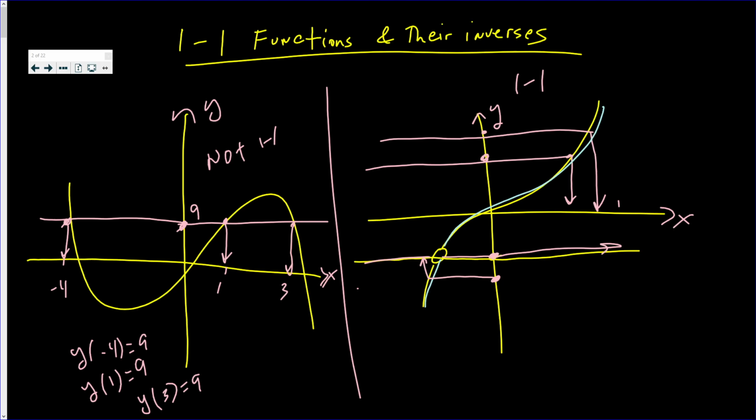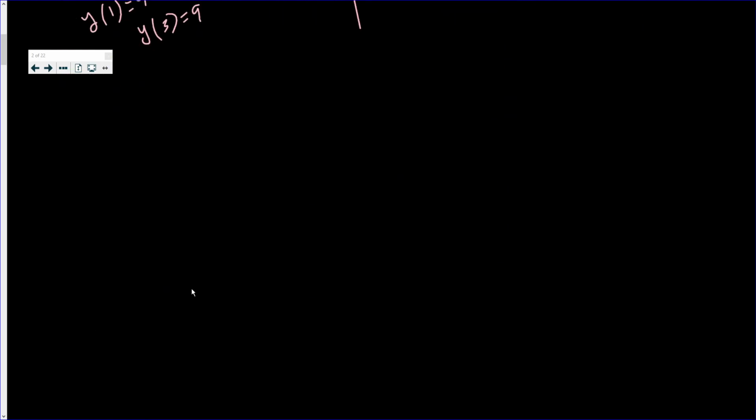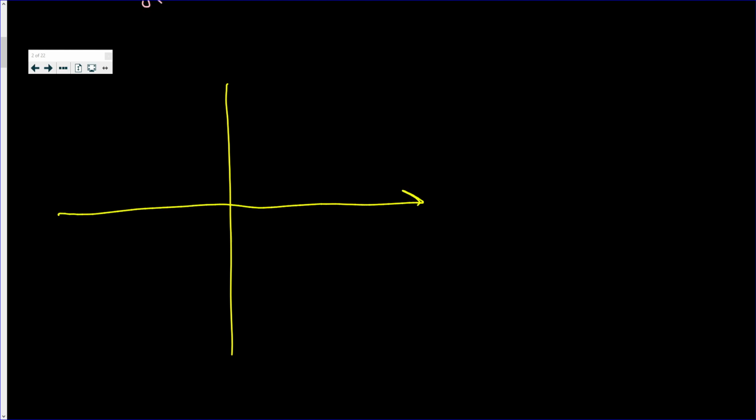Now, if you consider this function right here, what's in yellow is just the axes, and this is the graph. Y is always equal to 7. Well, there's many x values that give you 7. This x value gives you 7.